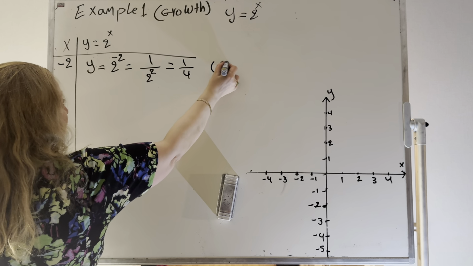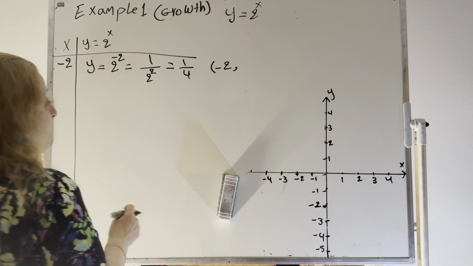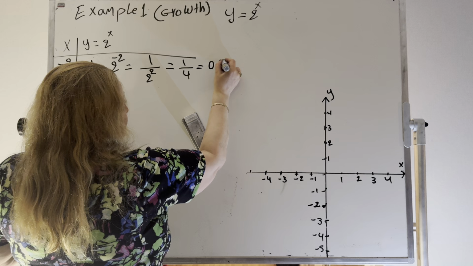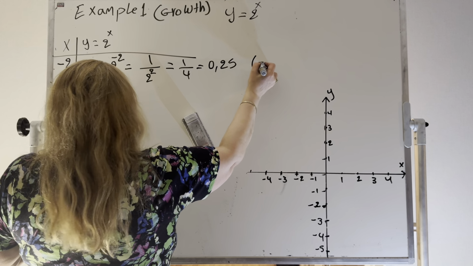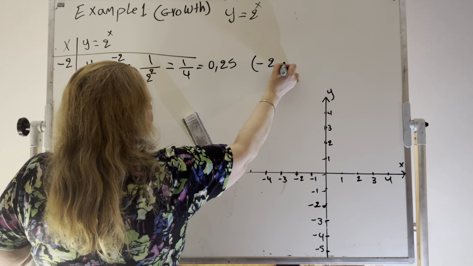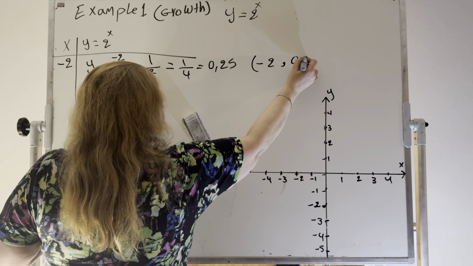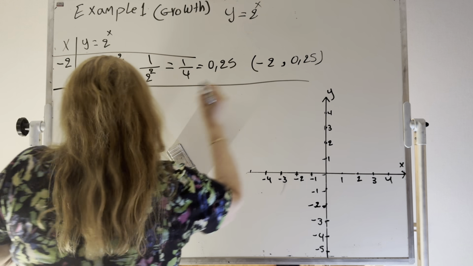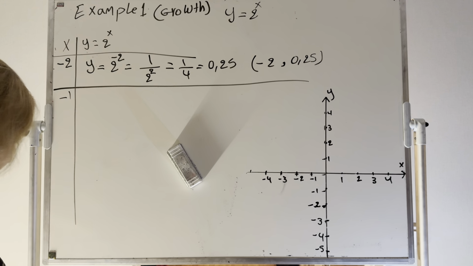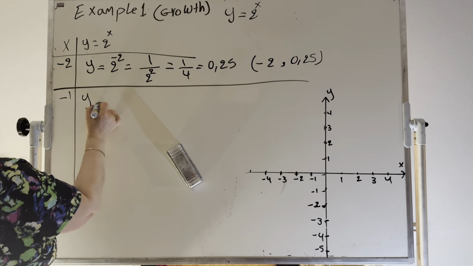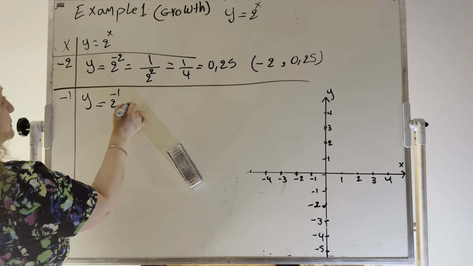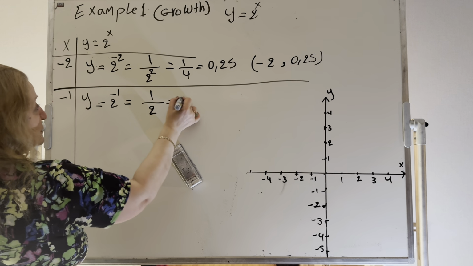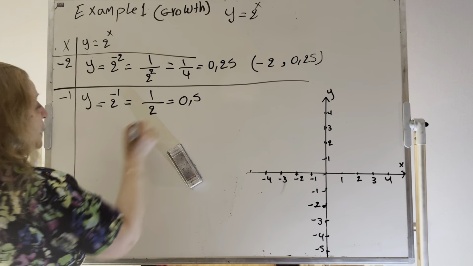When x equals minus 2, y equals 0.25. When x equals minus 1, y equals 2 power minus 1, equals 1 divided by 2, and we can write it like 0.5.